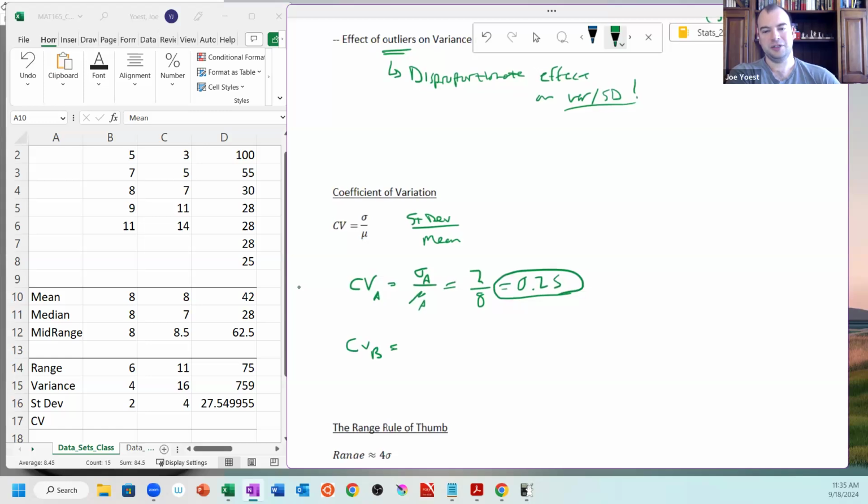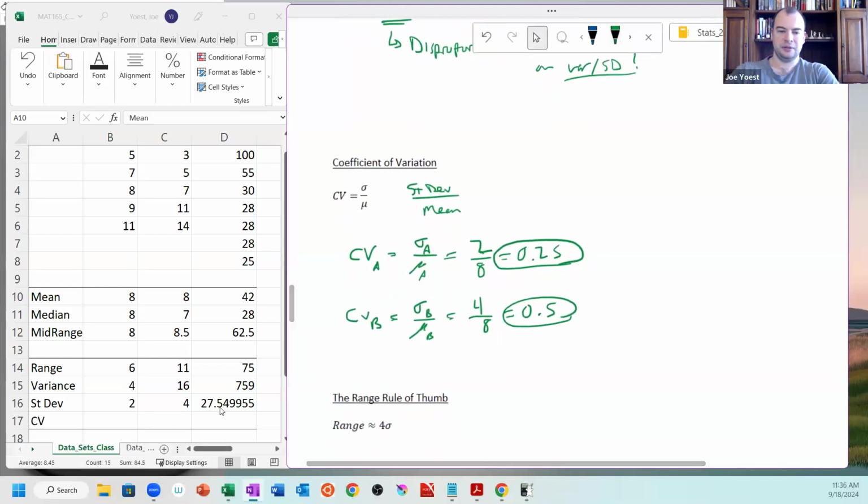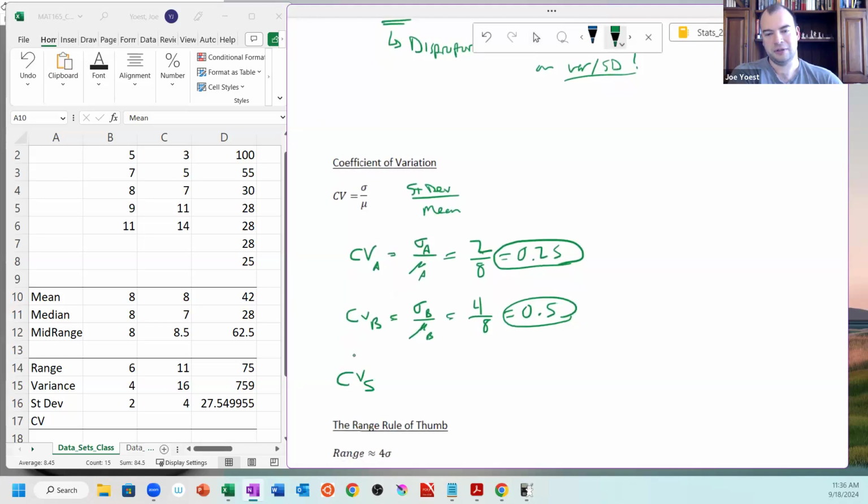The coefficient of variation for Brandon is the standard deviation for Brandon over the mean for Brandon. This is 4 over 8, 0.5. And the coefficient of variation for the salary data is S over X bar. I guess we could write S sub S over X bar sub S, but since there's only one sample we're dealing with, we'll just write it as S over X bar.